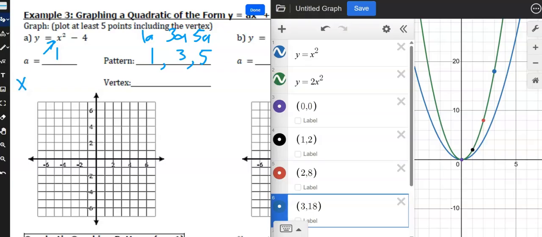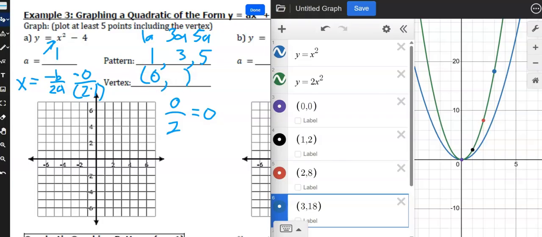Well, if we do that whole opposite of B over 2A trick that we talked about, the B value is 0, and on the bottom we have 2 times 1. Well, what is the opposite of 0? Isn't it still 0? And then on the bottom you got a 2, so 0 divided by 2, still 0. So we all know that the x value is 0.